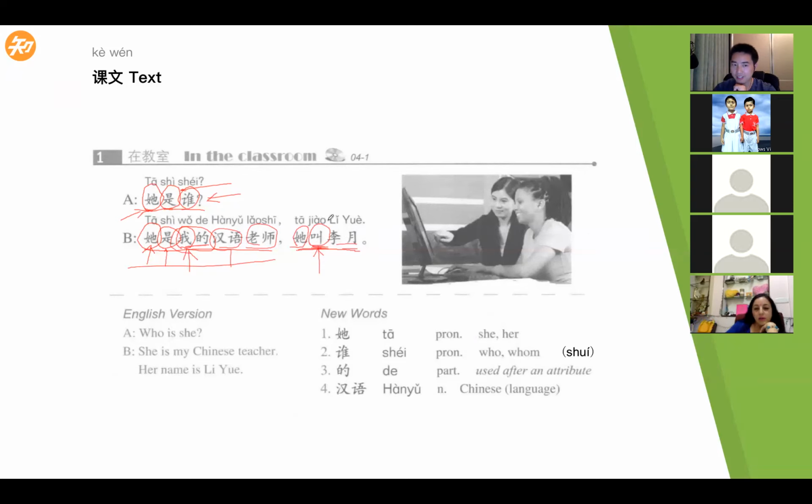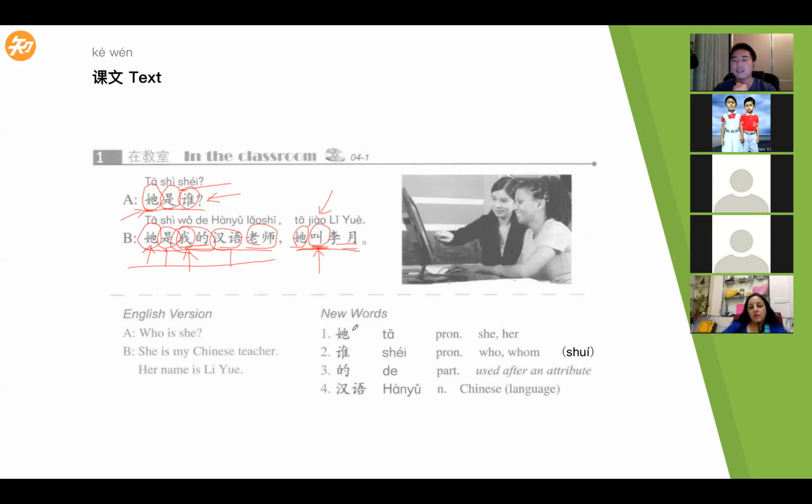What's the name of this one? To be called. Yes, to be called. For example, you are called Arvinda. 你叫 Arvinda. So your name is Arvinda. She's called Li Yue. In English we can have different sayings, right? So she's called Li Yue. Her name is Li Yue, like that.